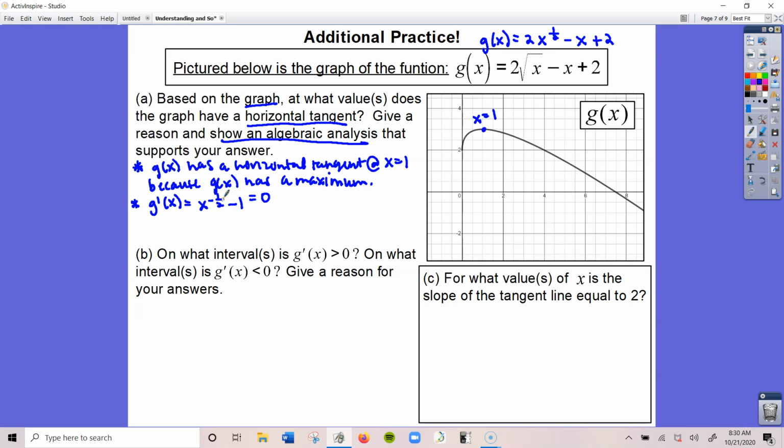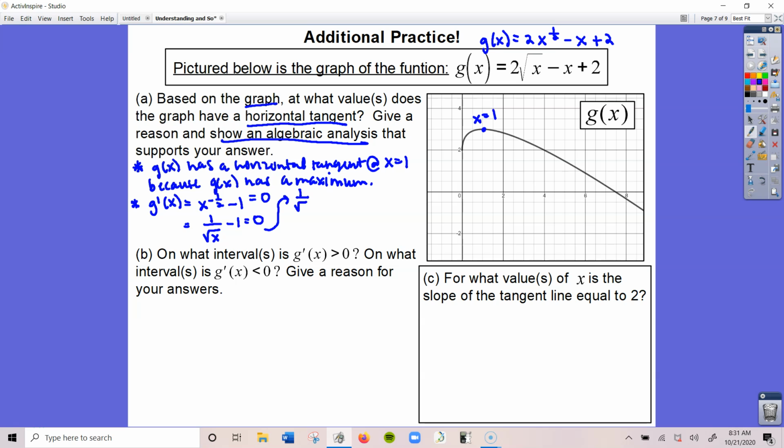Now, it's difficult to solve when we have a negative exponent, so I'm going to rewrite this as a positive exponent and put it back in my root. So x to the negative 1/2 is equivalent to 1 over the square root of x. Since the exponent is 1/2, this is the square root, and the negative exponent moves down to the denominator. Minus 1 equals 0. So now I'm going to add the 1 to the other side.